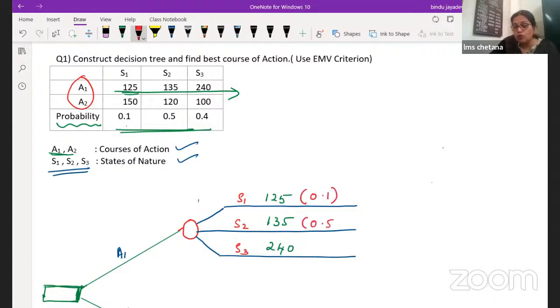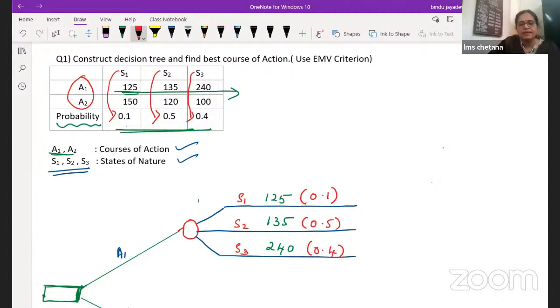Why did I write 0.1? That is the probability of S1, this is the probability of S2, and this is the probability of S3. Lastly, what is the probability? 0.4. From where did I write this information? From the question. Clear?